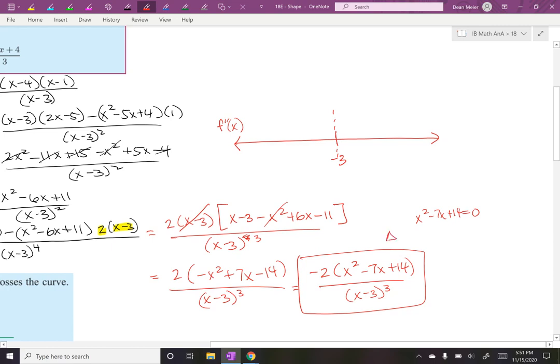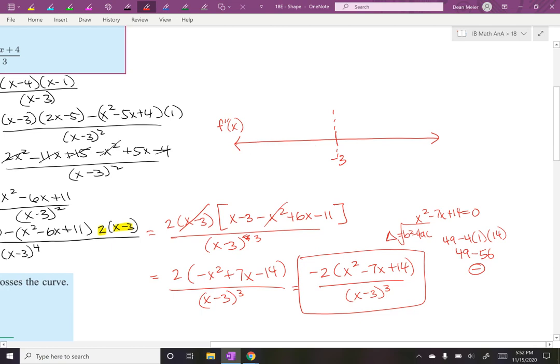I'm going to check the discriminant first, which is b squared minus 4ac, to see if this is even real. B squared is 49 minus 4, A is 1, C is 14. So what is that? 49 minus 56. This is a negative number. So these answers will not be real because remember, this is the part under the square root. And so that means they're imaginary.